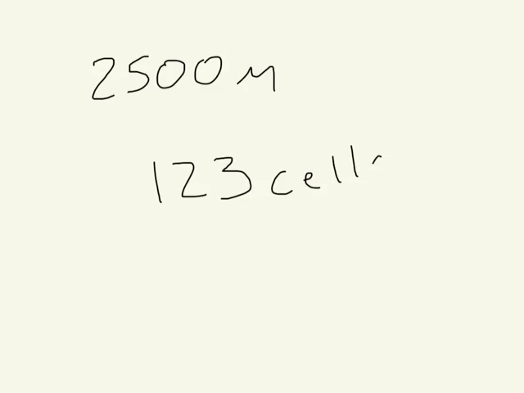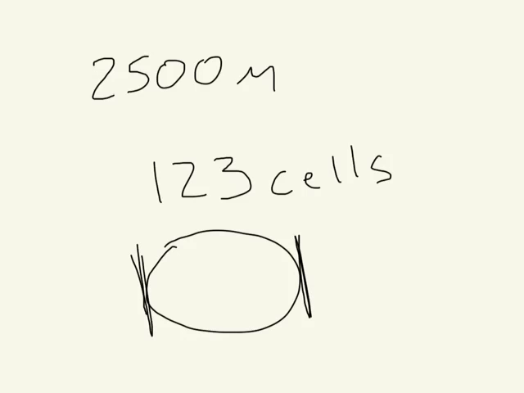We know the field of view is 2,500 microns, and it's a very small cell, and it would take 123 to span all the way across from one side to the next. How big is each individual cell?